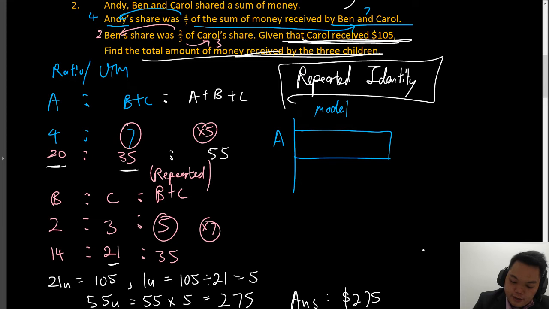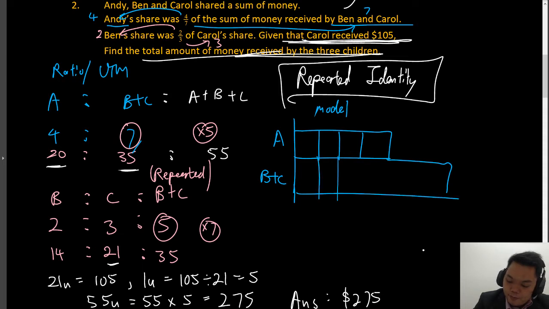Your A has got 4 blocks, can be cut into 4 equal portions. Your B and C can be cut into 7 equal portions over here. Okay? That's what this statement means. And this share was 4/7 of the sum of money received by Ben and Carol. So you first want to cut out Ben and Carol into 7 units first.